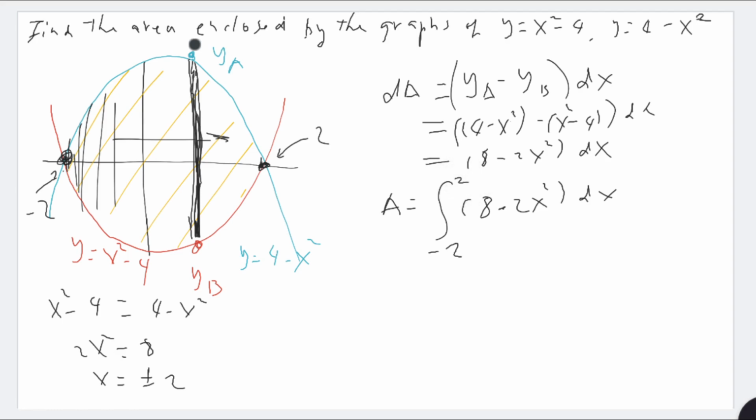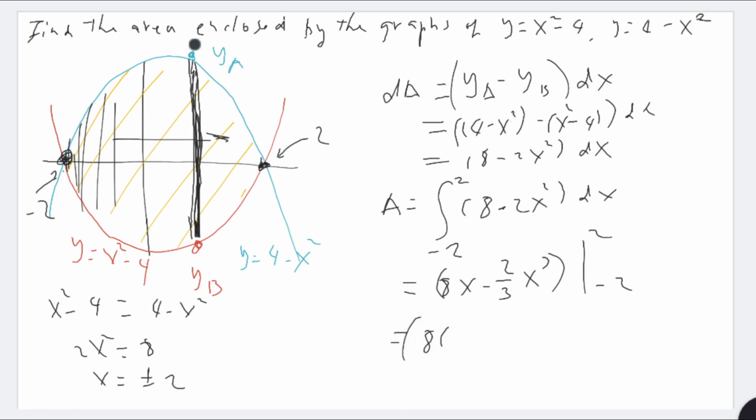Okay, so the most important thing is to set up a definite integral. Of course, you can easily simplify. In this case, just find the antiderivative, the capital F. So it'd be 8x minus 2 over 3 x to the third power, capital F. We will plug in 2, plug in negative 2, use a calculator.